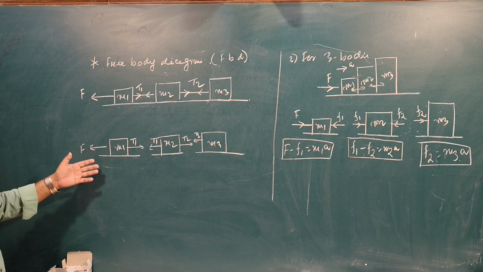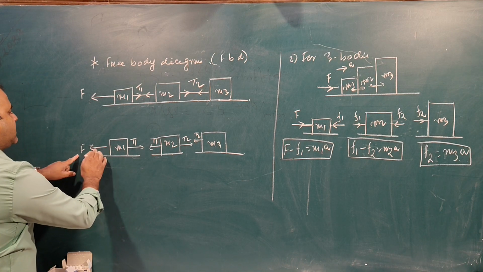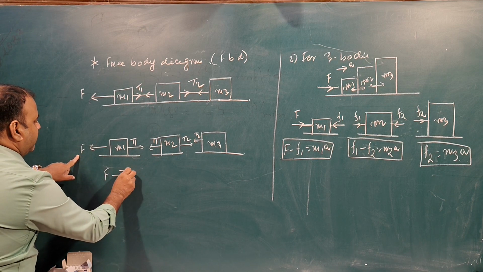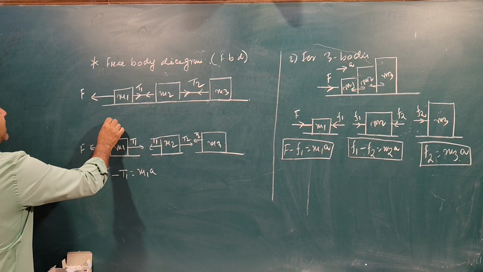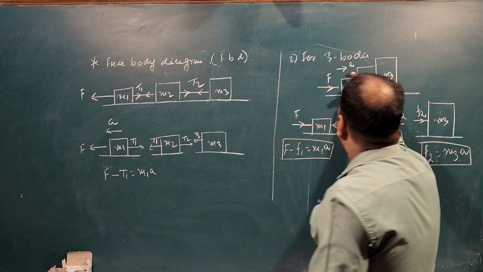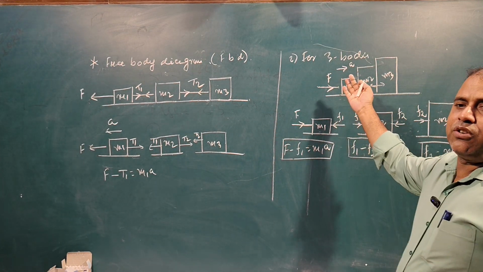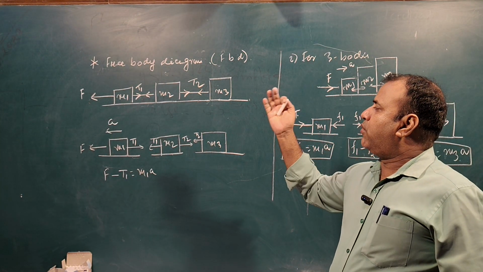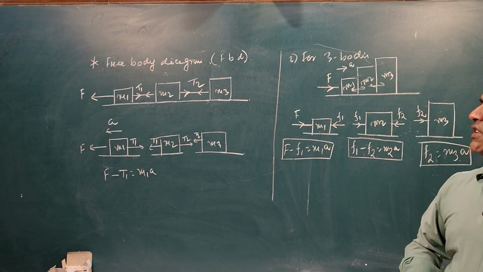What is the formula in this case? For the first body, the force F acts backward and the tension acts forward, so F minus T1 is equal to M1A. In the earlier diagram the force acted in the forward direction, so the acceleration was forward. But in this diagram the force acts in the opposite direction, therefore the acceleration is also in the opposite direction.